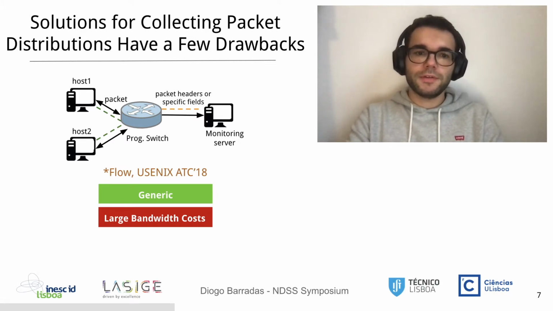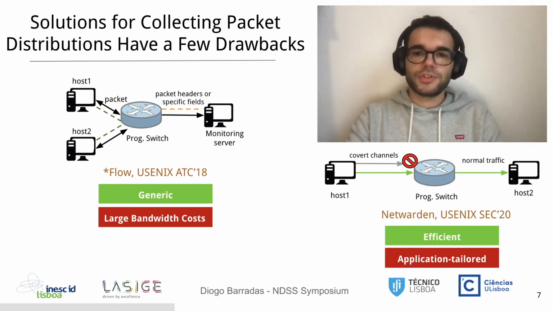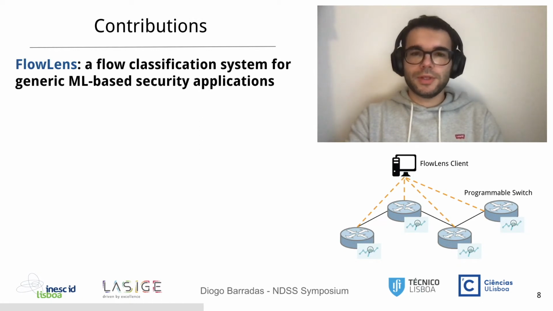Albeit being generic, these approaches incur a large bandwidth cost while duplicating packets to the monitoring server. On the other hand, we have approaches like NetWarden, which can efficiently inspect packet distributions within programmable switches, but are very application tailored.